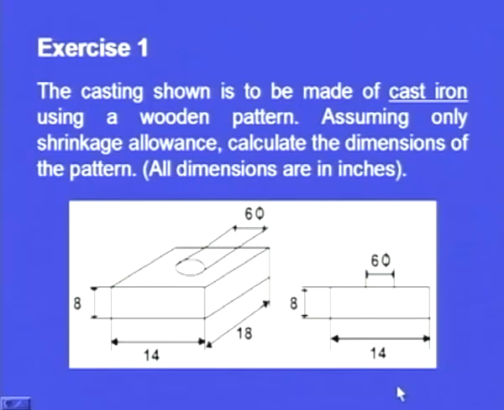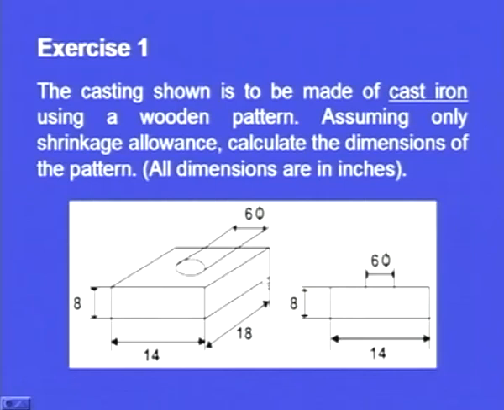Let us see a problem of how to incorporate these allowances when we are designing a pattern. We are making a casting of cast iron of the following dimensions. Let us assume that only the shrinkage allowance needs to be given, and ignore the other allowances.